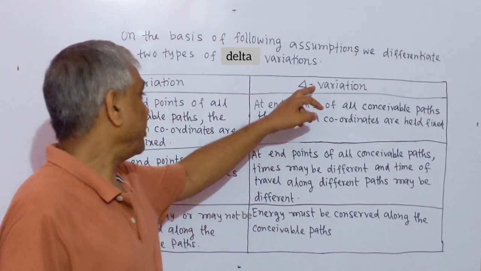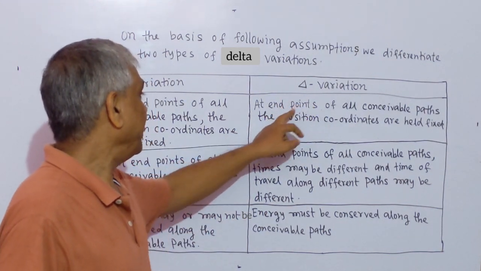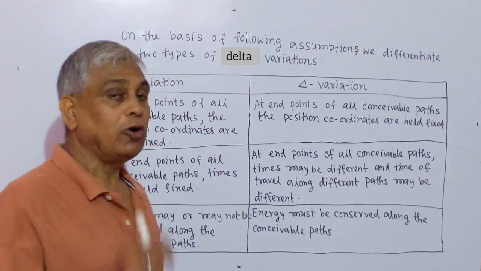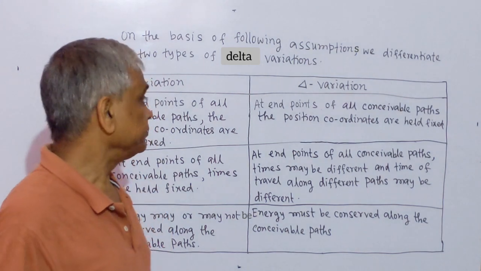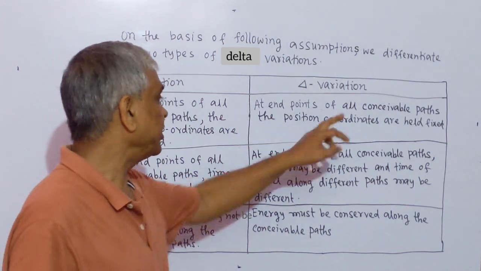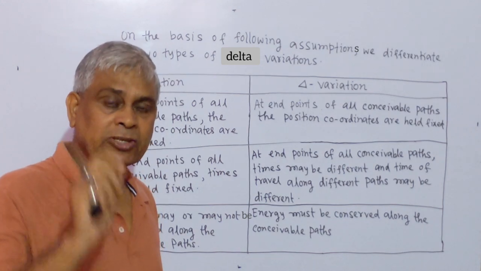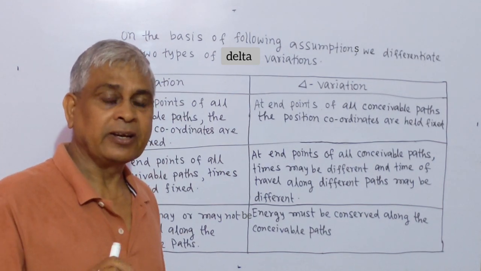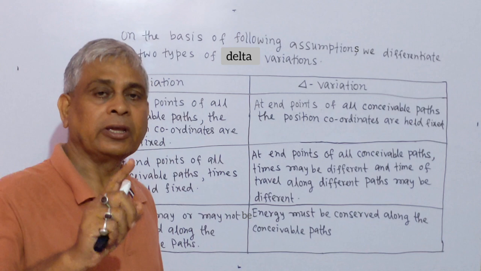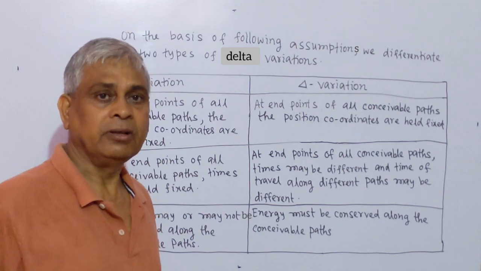For uppercase delta variation, at endpoints of all conceivable paths, the position coordinates are held fixed. Means this assumption is the same for both delta variations.